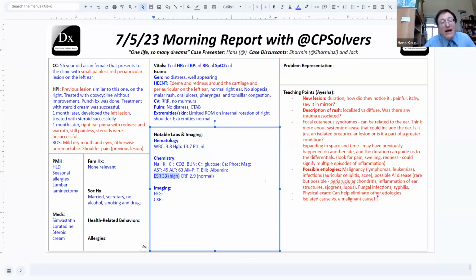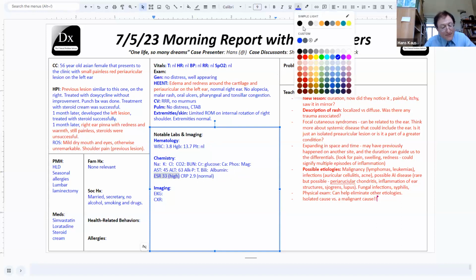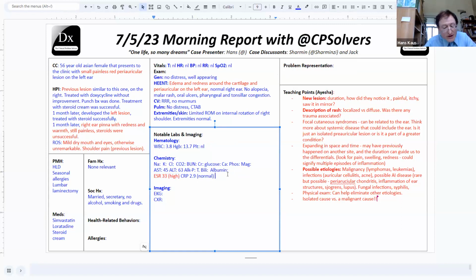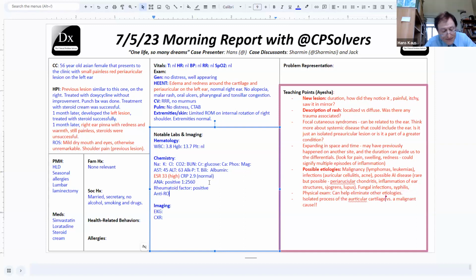Sure, then I'll continue. Based on her ESR, further serology was ordered. One was ANA, which was positive. It was 1 to 2,560. Negative would be less than 1 to 80, so it was positive. She had a positive rheumatoid factor. And I don't have the exact value, but they also did an anti-Ro SSA, which was positive, an anti-La SSB, which was positive, and complement C3 and C4 normal.